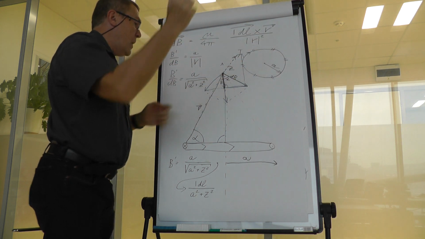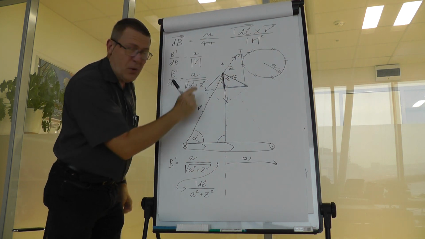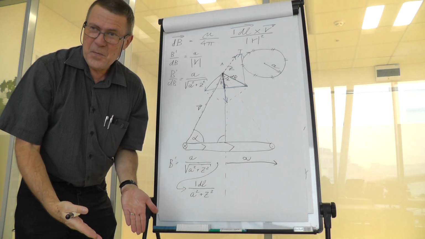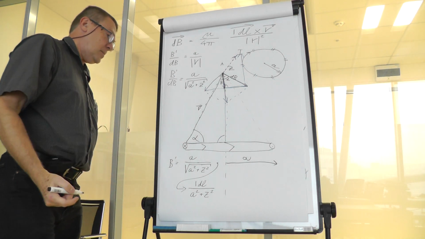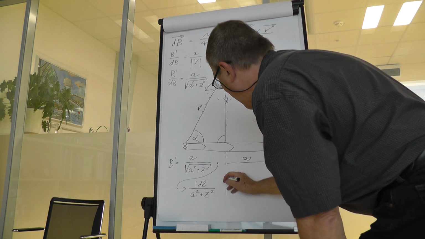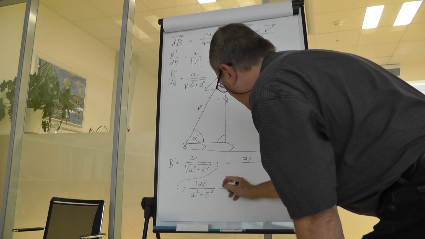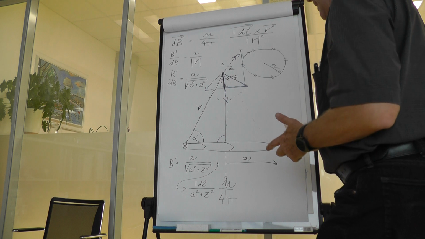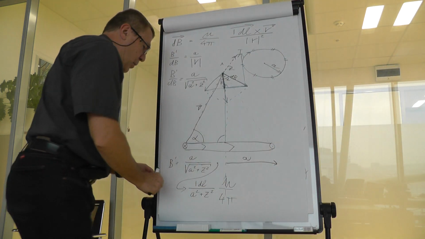If we have r as a square root and we square it, we get the inside of the square root. What we have not put here is 1 over mu over 4 pi. That's important.